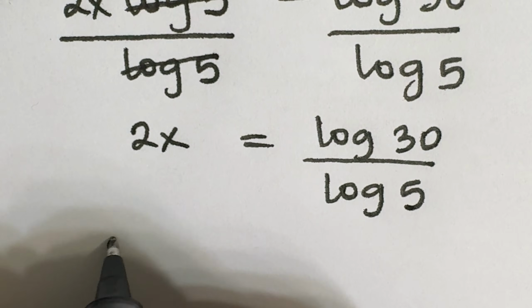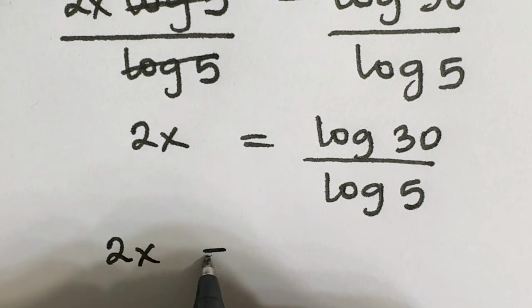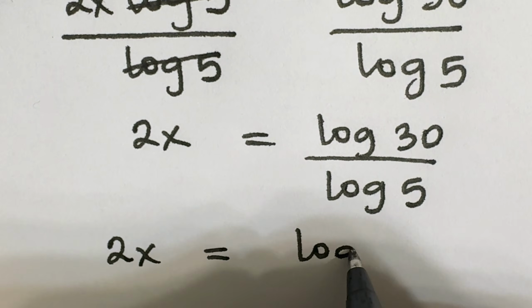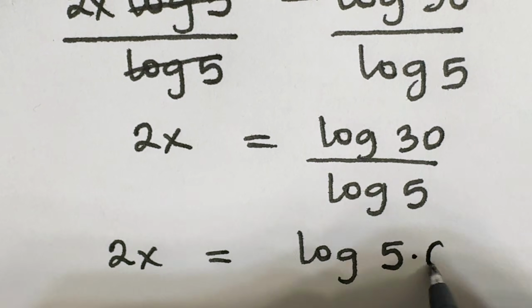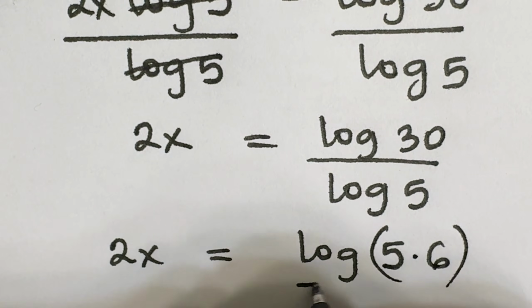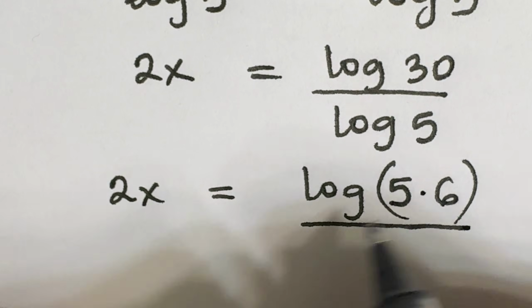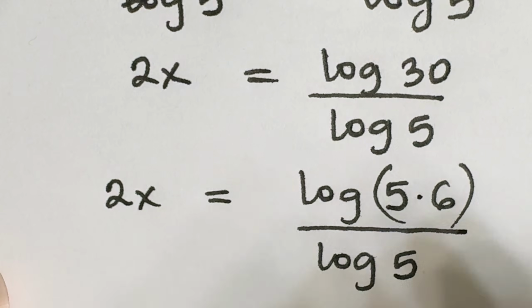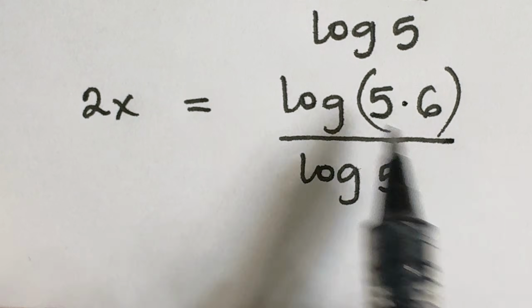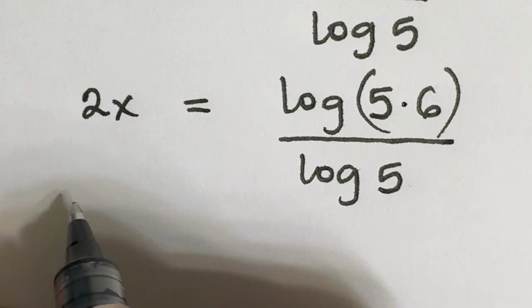Then we write this as 2x is equal to log 30, here 30 is 5 times 6, then divided by log 5. I need to separate this product, and to do that, I'll apply this law of logarithm.